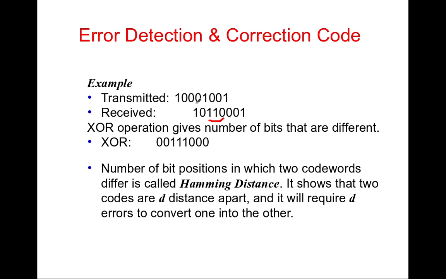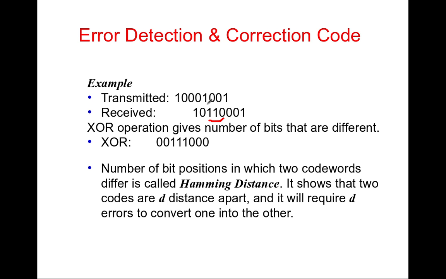So if this code is being sent, and some 3 bits were changed, what is the meaning of distance 4? One code word will be differing in 4 bit positions from the second code word.